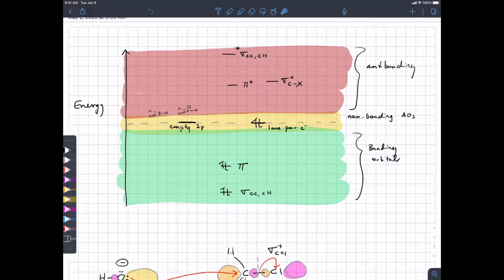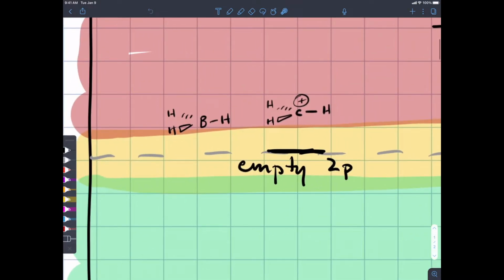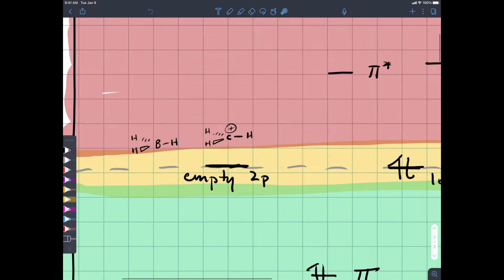In any case, we start looking for the highest energy electrons by looking for lone pairs. If it doesn't have lone pairs, we start looking for pi bonds. If it doesn't have lone pairs or a pi bond, chances are it's not a particularly good nucleophile. In terms of electrophiles, we start looking for empty p orbitals like we saw for boron-containing compounds.